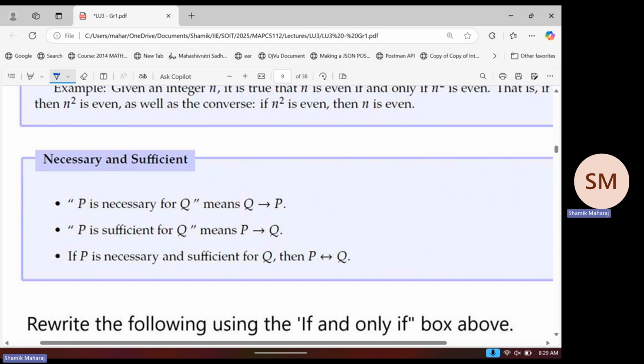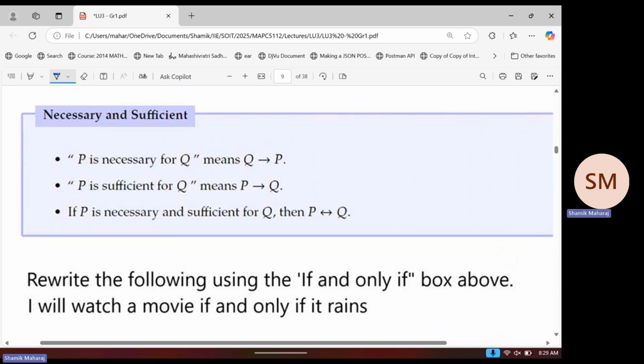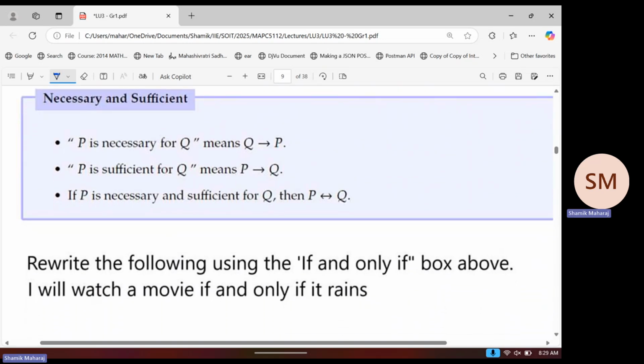Okay, so as I was saying, necessary and sufficient are words we have to remember. If you say P is necessary for Q, it means it's an implication of the form if Q then P. That's the first line above. If P is sufficient for Q, it means if P then Q. So again, there's nothing much more than just words to remember here, and the words tell us how to structure the implication.